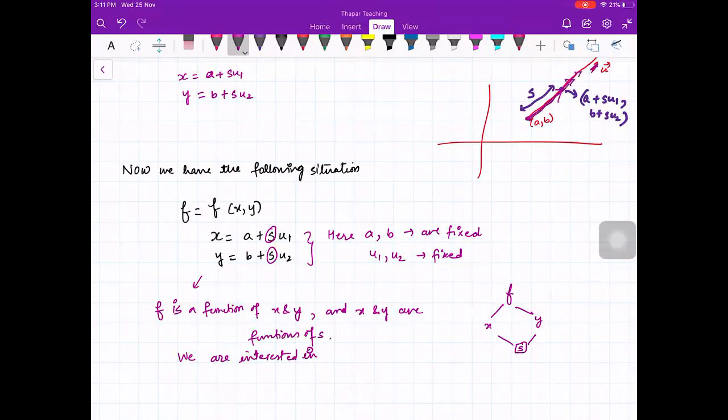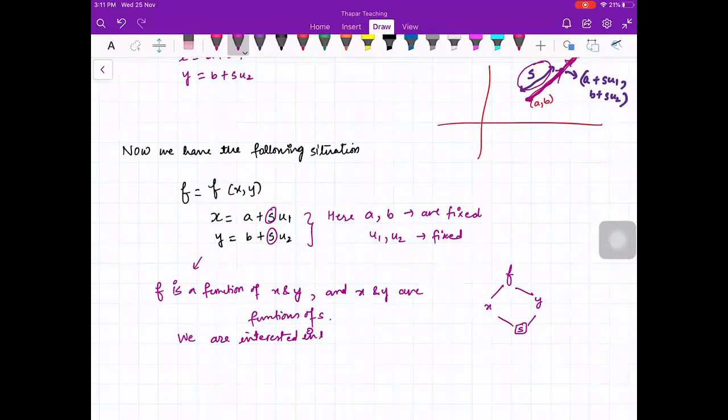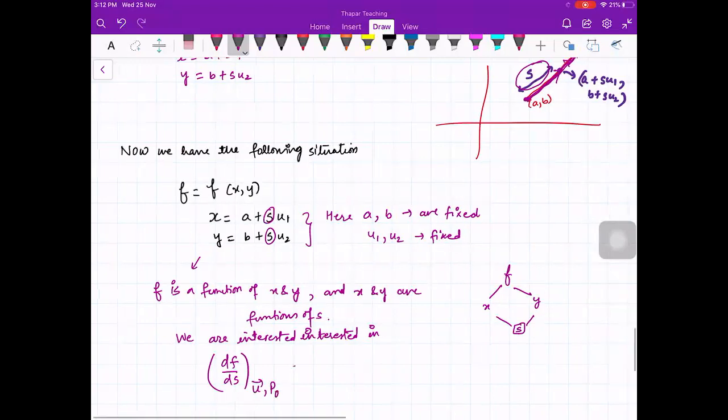That is nothing but the rate of change of f with respect to s, that is df by ds. Because a, b, u1, u2 have to be specified, that is why we write it like this. That will be, by the chain rule, curly f by curly x into dx by ds plus curly f by curly y into dy by ds.